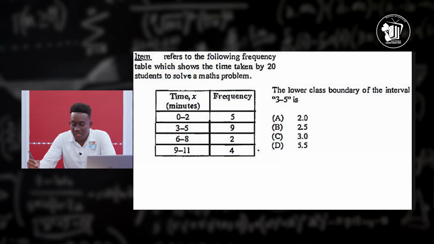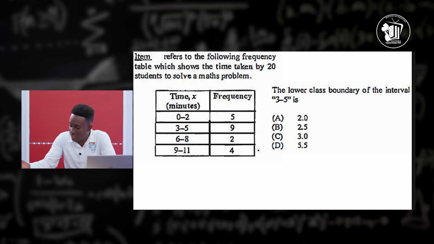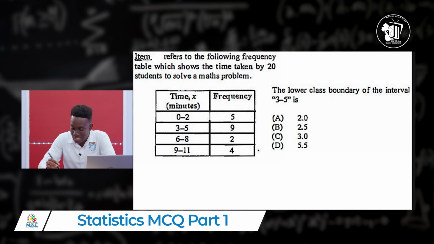So this one says, the item refers to the following frequency table, which shows the time taken by 20 students to solve a maths problem. So you have the time here, we have the frequency. The question is, the lower class boundary of the interval 3 to 5 is. So the lower class boundary, we're talking about the lower one, so we're talking about this 3.